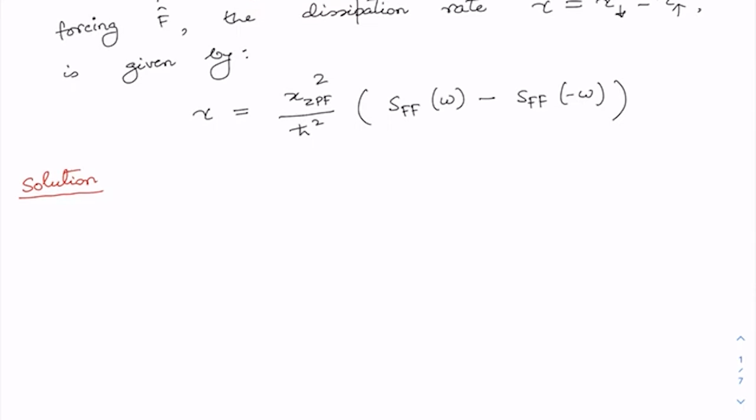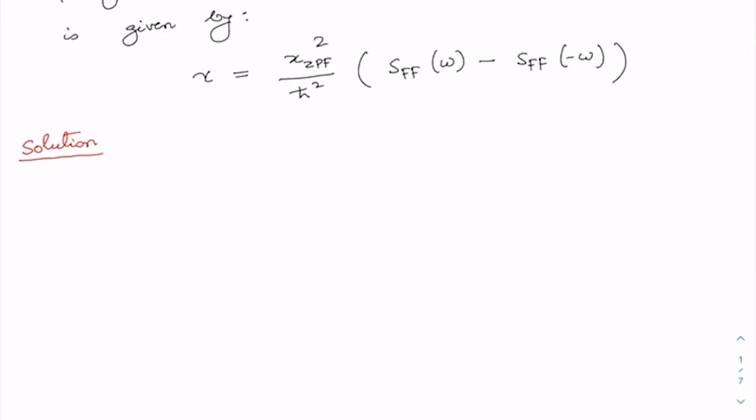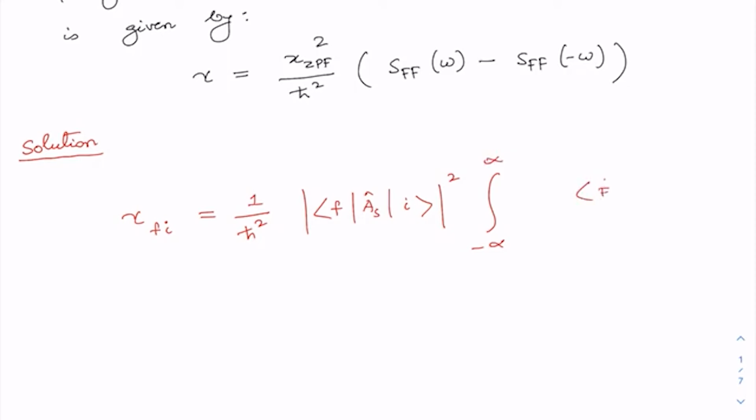The Fermi golden rule says that the transition rate for a system going from the state I to the state F is given by this expression: 1 by h-bar squared, you are going from the state I to the state F, and A_S is the system operator, so this mod square, and the Fourier transform of the correlator of F of t.